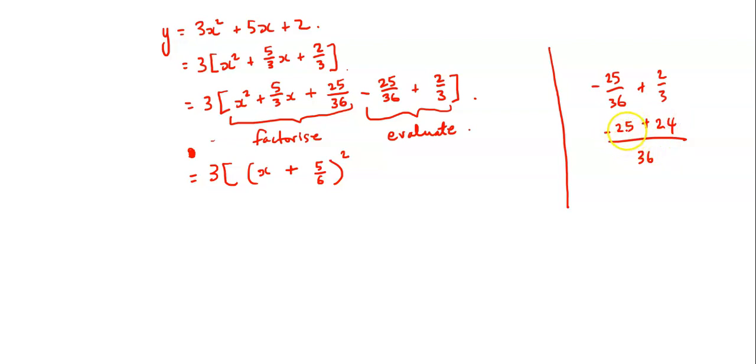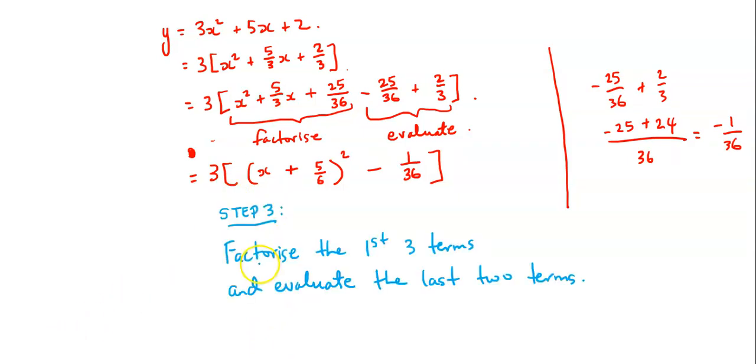So negative 25 plus 24, the answer will be negative 1 over 36. So that goes here. So step 3 is to factorize the first 3 terms and evaluate the last 2 terms.